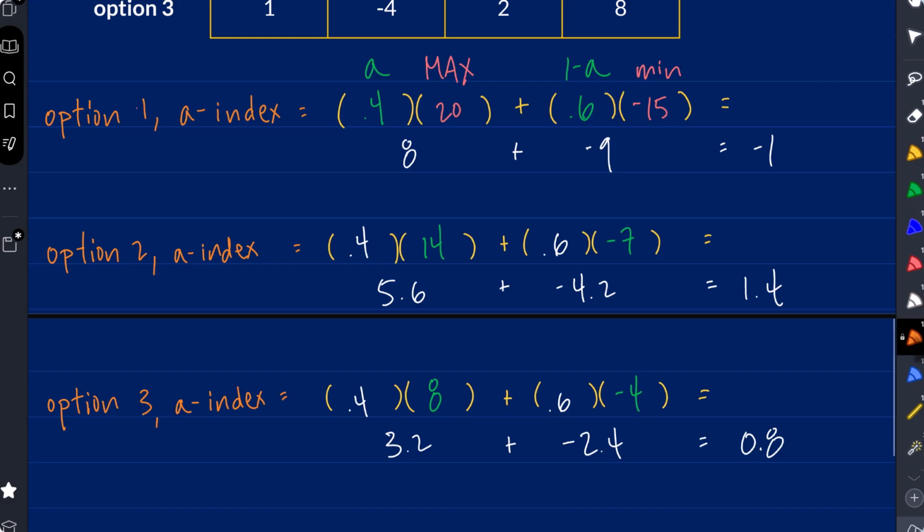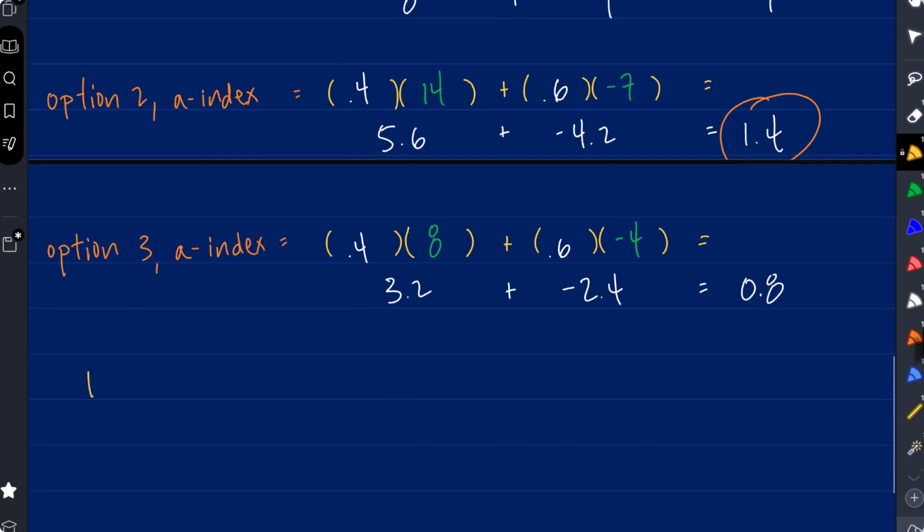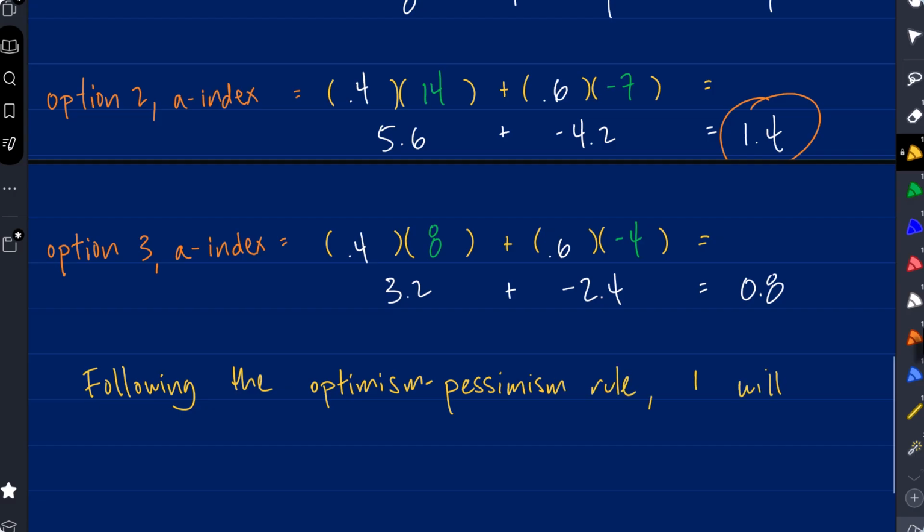Okay, so then the highest of our results is the 1.4.